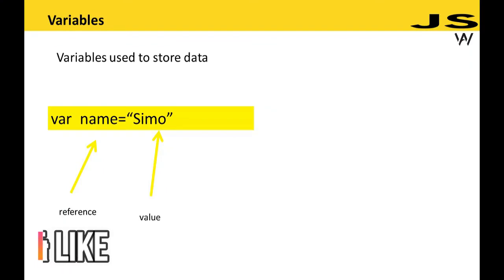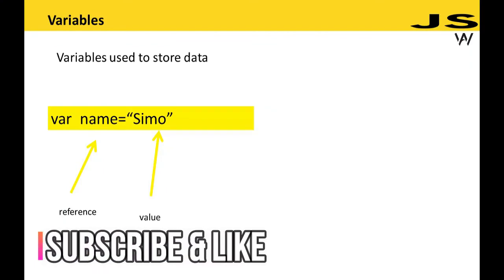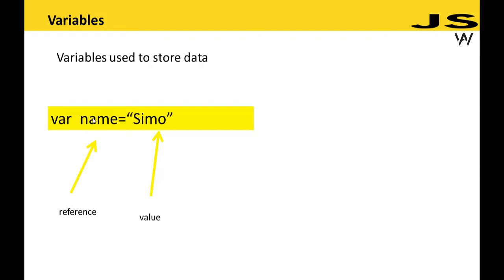Discover what variables are. The simplest definition is: variables are used to store data. If I want to create a variable, for example name, this is a simple example. To create a variable in JavaScript, I use the word var before the reference that I want to create.